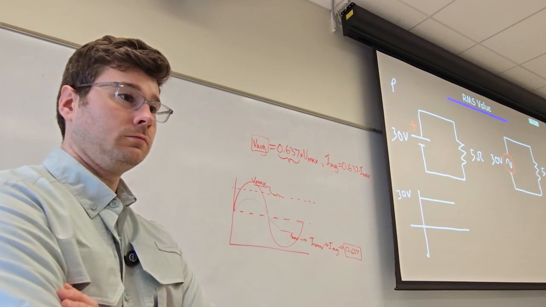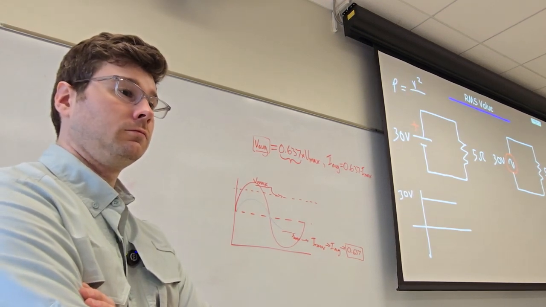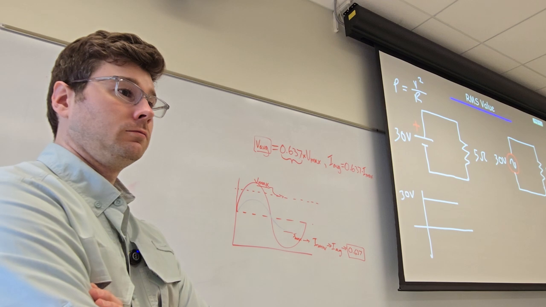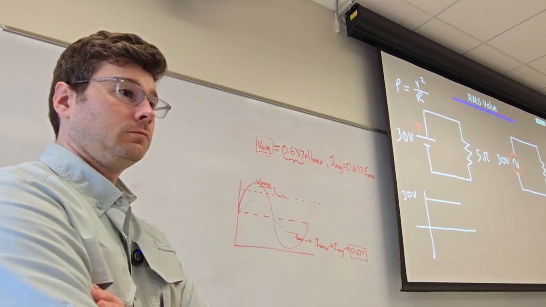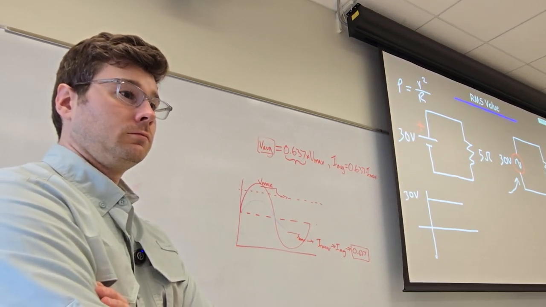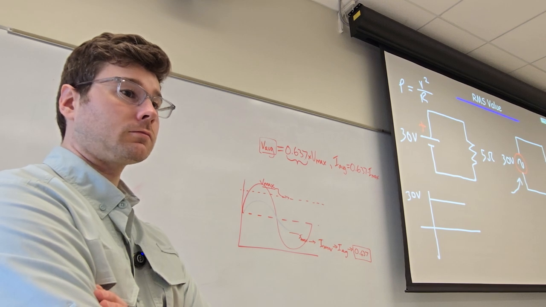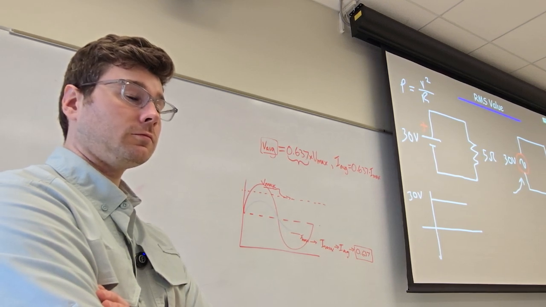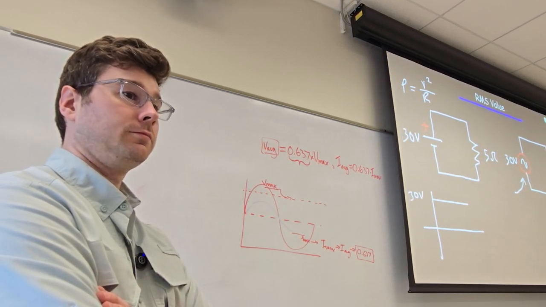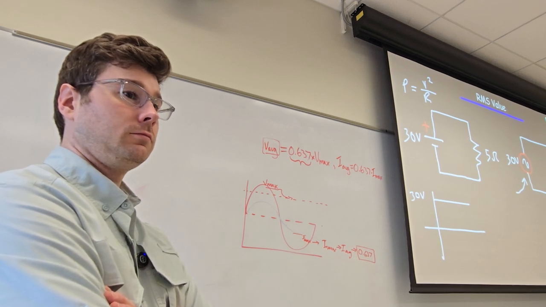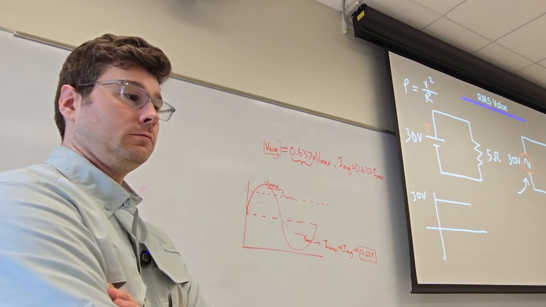Now the power dissipation across that resistor is going to be V squared over R. That power dissipation is going to be the same if we apply an AC signal with a root mean square value of 30 volts. Now you need to understand the difference between the peak voltage and the RMS voltage.